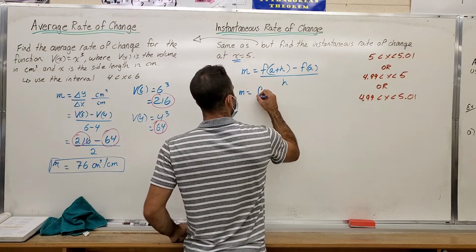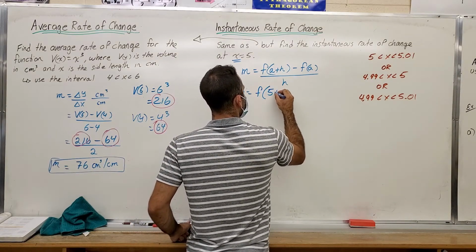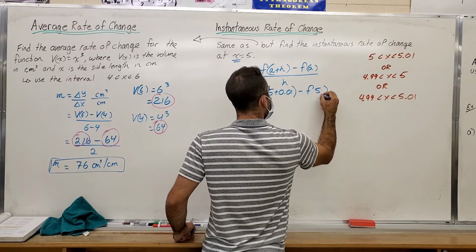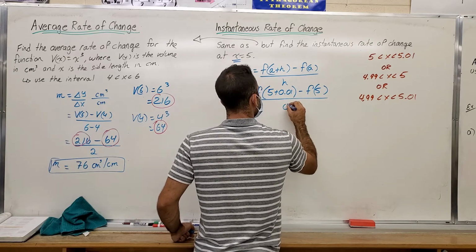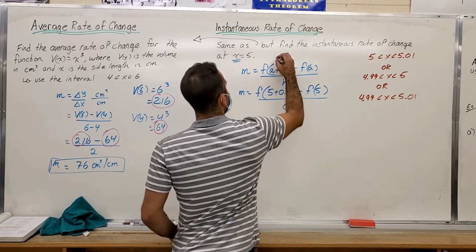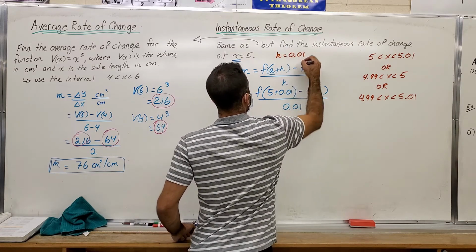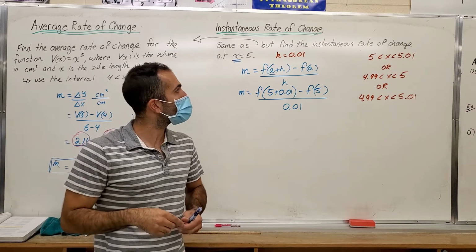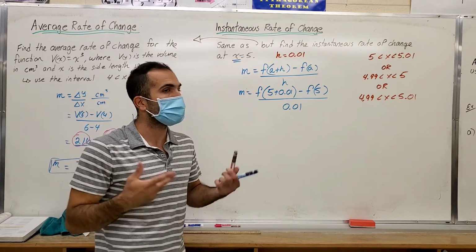So this is going to be F of 5 plus 0.01 minus F at 5 all over 0.01. Remember, you can set H equal to whatever. We like to say it's really small, but I don't want to write that many zeros. So that's what we're going to settle on. It's really small, but how many zeros are you going to write?